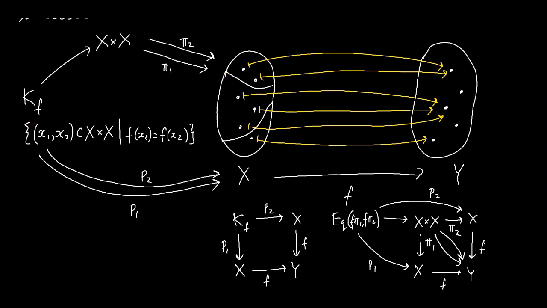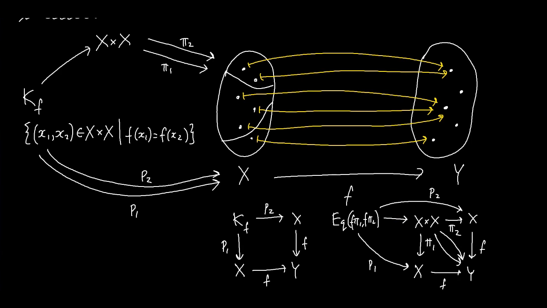So this pullback is an important thing because this construction of an equivalence relation for a map is an important construction. In group theory, for instance, we know it through a notion called a normal subgroup.